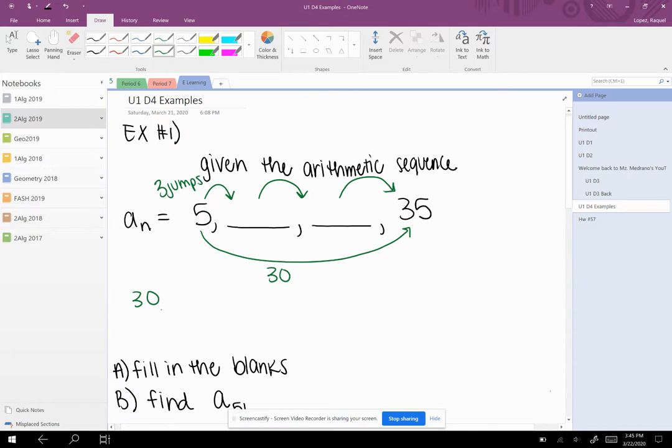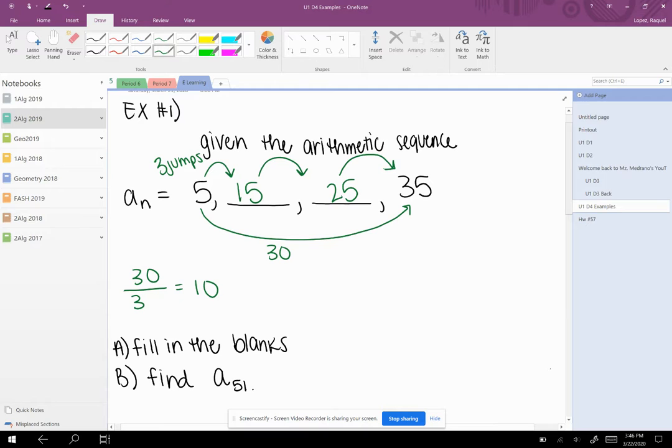So I traveled 30 units over a series of 3 jumps. And so that means that I'm jumping 10 units per jump. So this is going to become 15. This is going to become 25. And then it only makes sense that the next one is 35. So we've filled in the blanks.